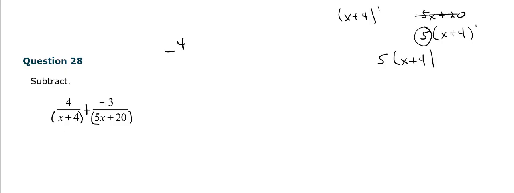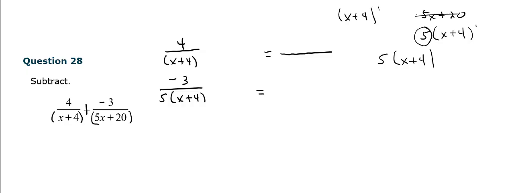So I have 4 over x plus 4 plus negative 3 over, I'm going to write it in its factored form, 5 times x plus 4. Now, to the right of the equal sign, I'm going to write the fraction with just the denominator we established, which is 5 times the quantity x plus 4 for both.